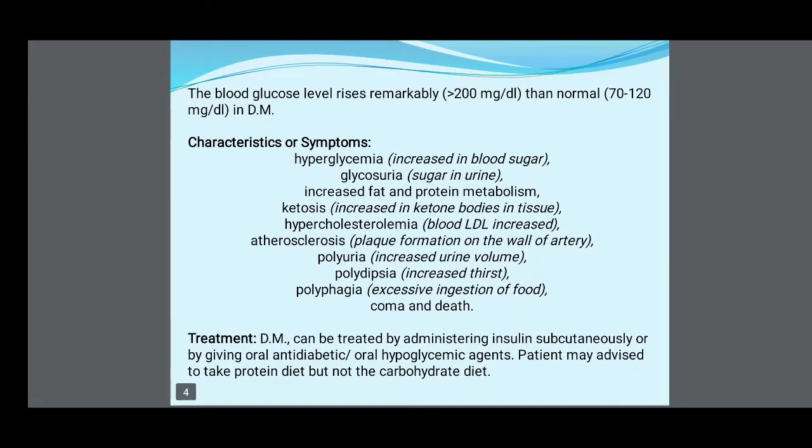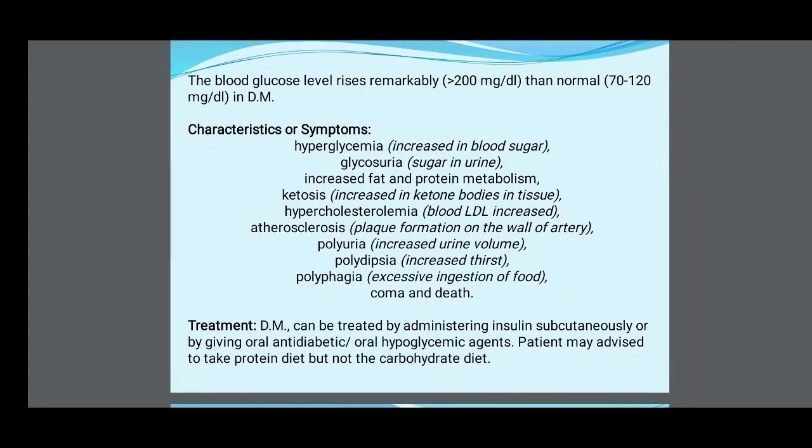Then the symptoms: hyperglycemia, that is increase in blood sugar, then glycosuria, sugar in urine, increased fat and protein metabolism, then ketosis, increase in ketone bodies in tissue, hypercholesterolemia, blood LDL increase, atherosclerosis, plaque formation on the wall of artery, polyuria, increased urine volume, polydipsia, increased thirst, polyphagia, excessive ingestion of food, then coma and death.